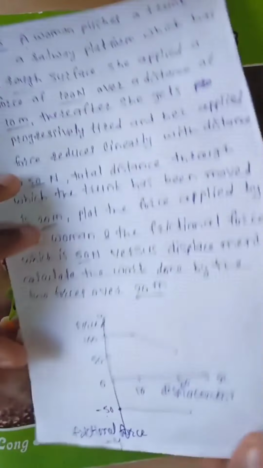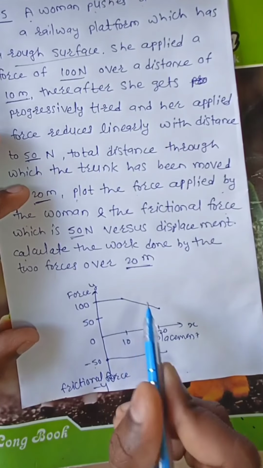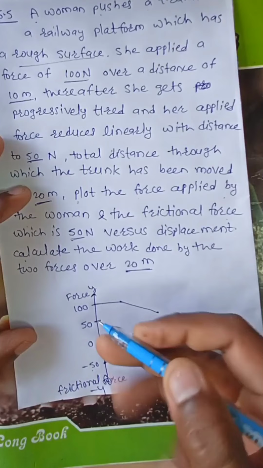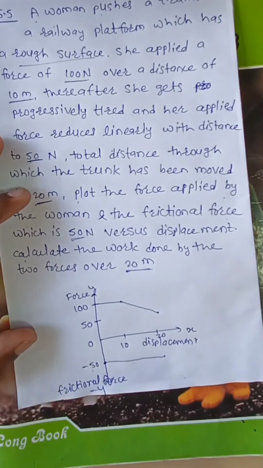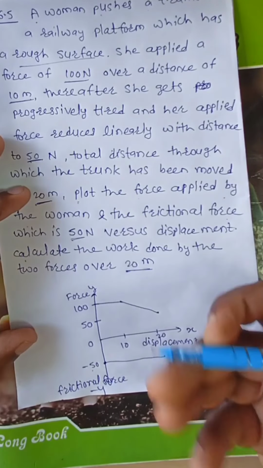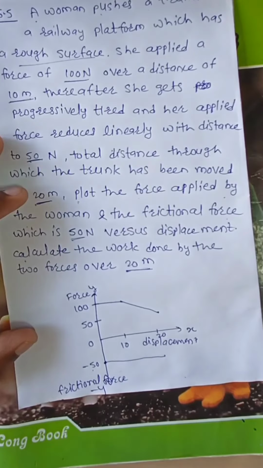Now see here, write down: the applied force is positive in direction and the frictional force is negative to that of the applied force, therefore the friction force is negative.